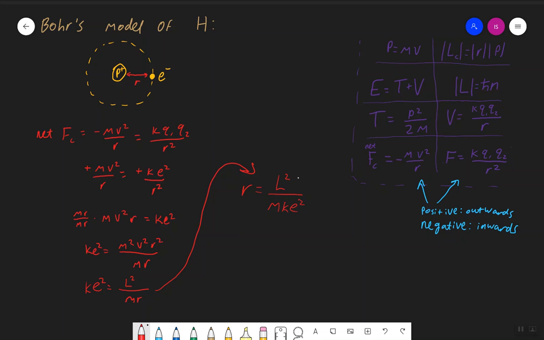And now we can use our assumption about Bohr's model, where the angular momentum is quantized. So L squared would be h bar squared n squared. So R equals h bar squared n squared over m k e squared. And now the only other thing that we need is the mass of an electron.